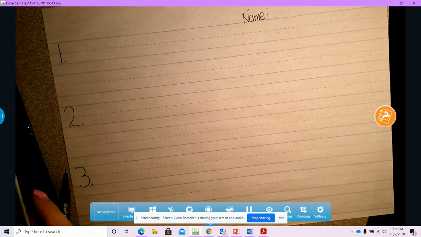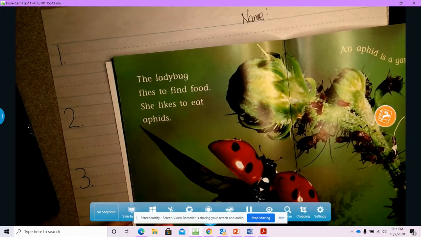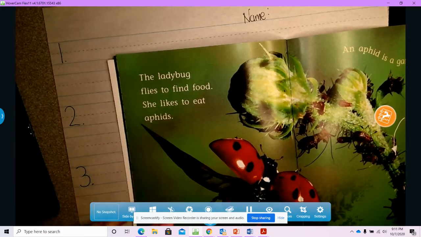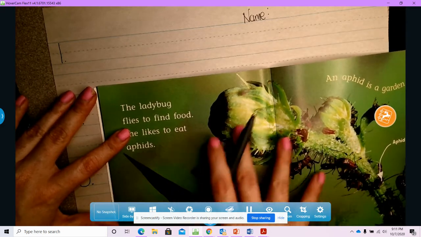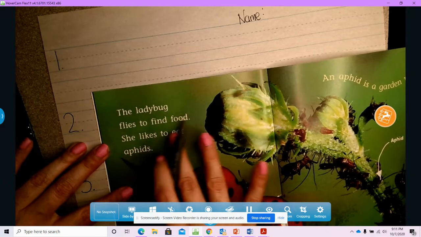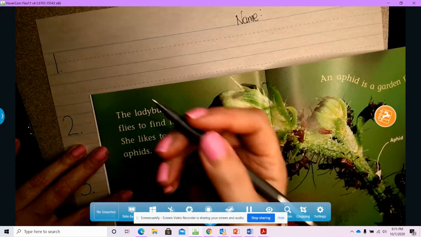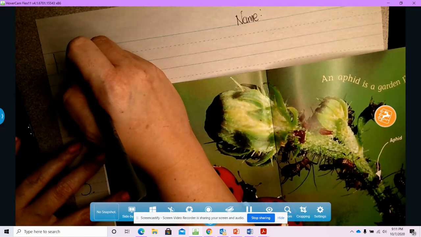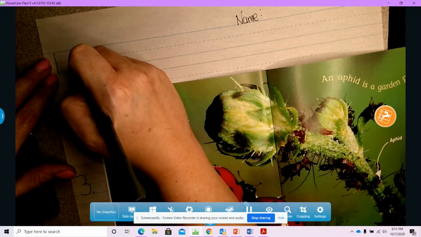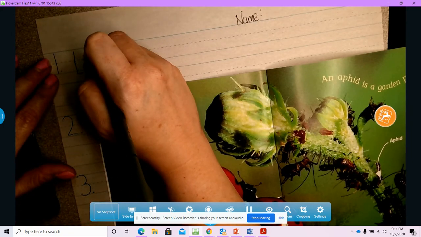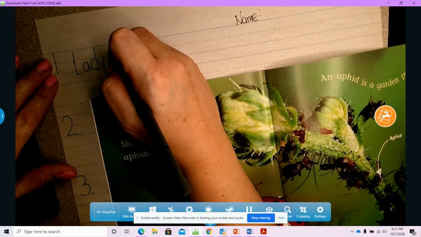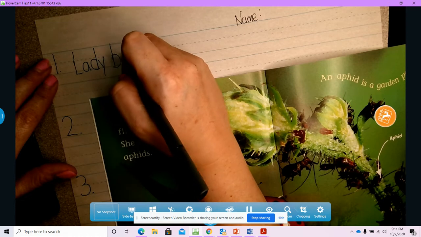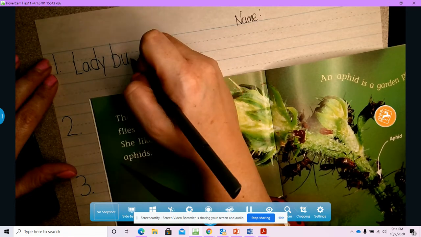So I will write this fact. It's something I learned in the book. So it's a fact that I have to get from what I read. I read that ladybugs like to eat aphids. So I'm going to write ladybugs, and that should be together actually.